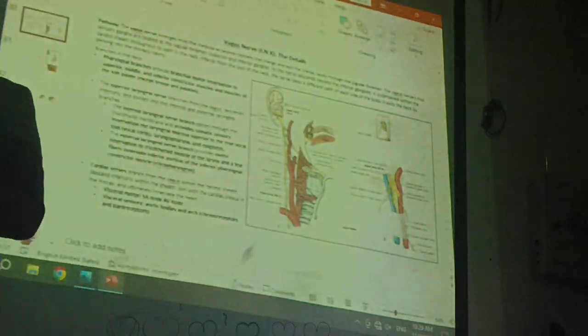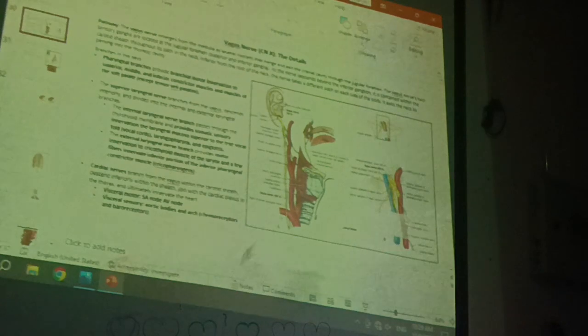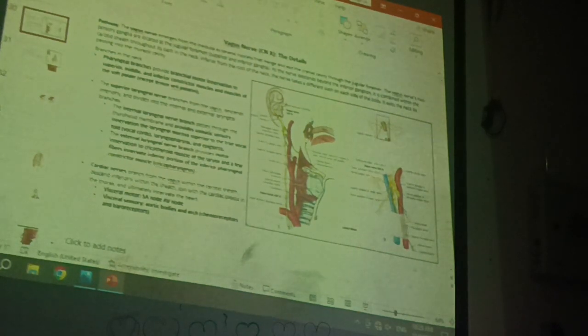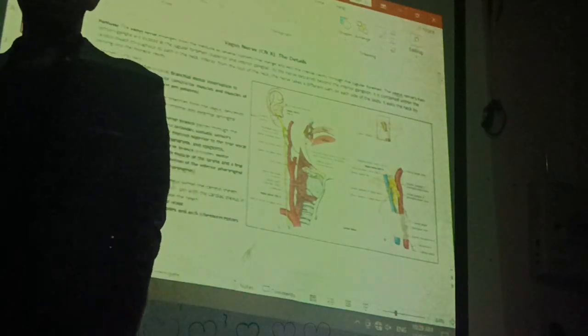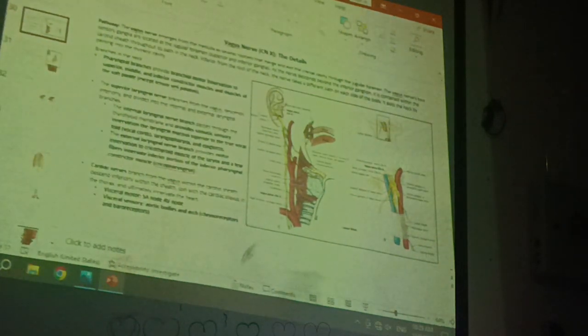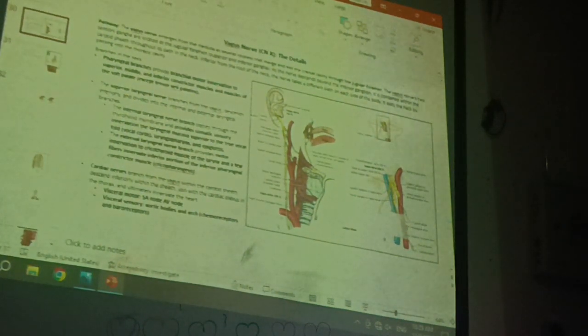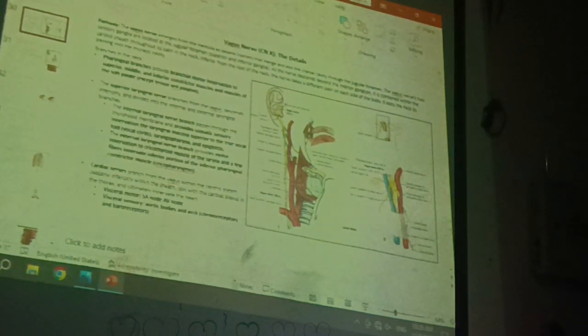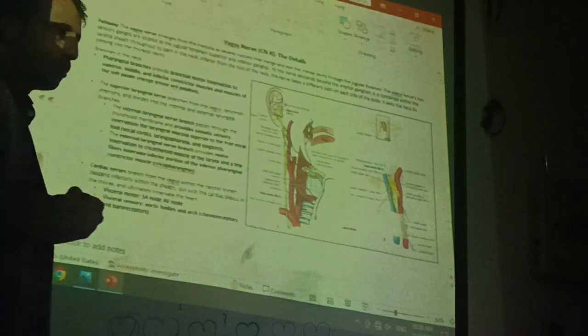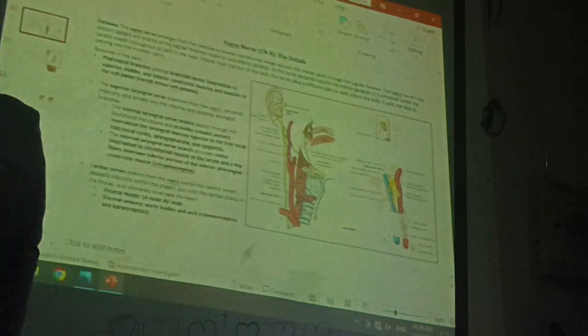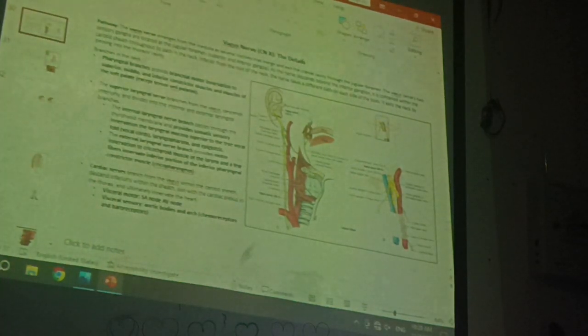Okay, meningeal branch from the superior ganglion. Another branch from the superior ganglion is the auricular branch. The auricular branch innervates the external acoustic meatus. It has somatic fiber, somatosensory fiber for the external acoustic meatus. These two branches are derived from the superior ganglion.